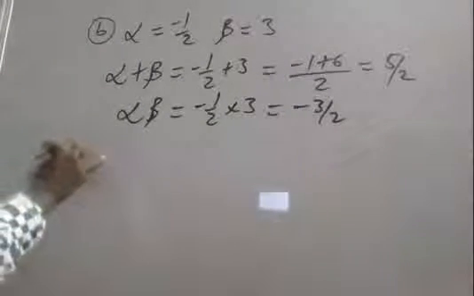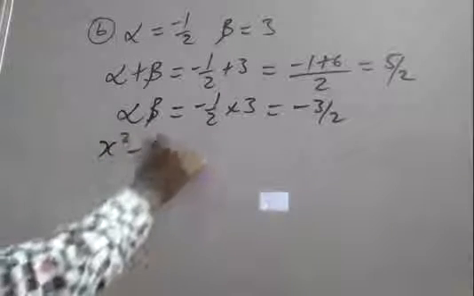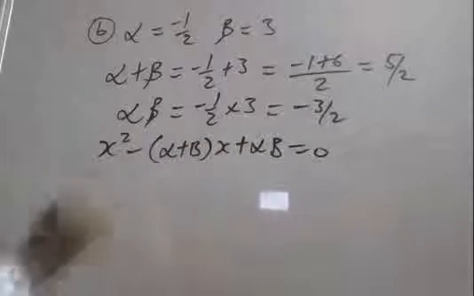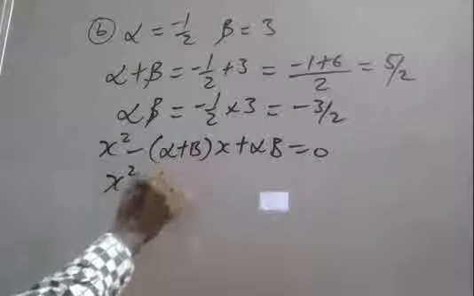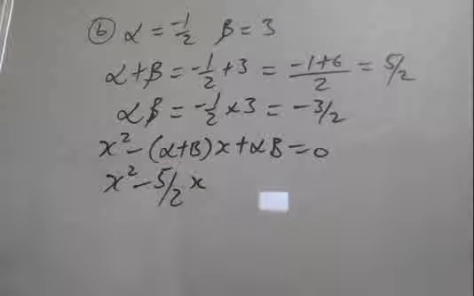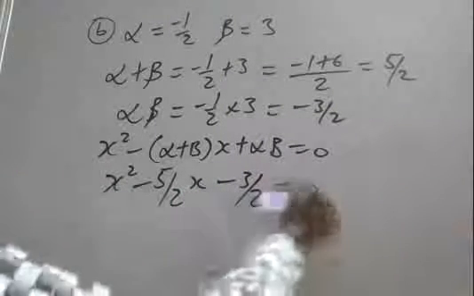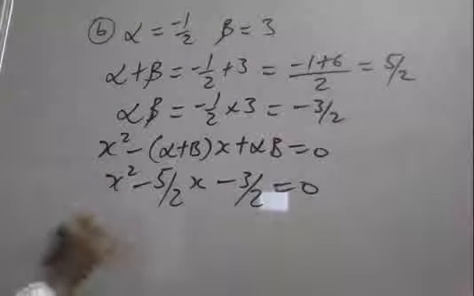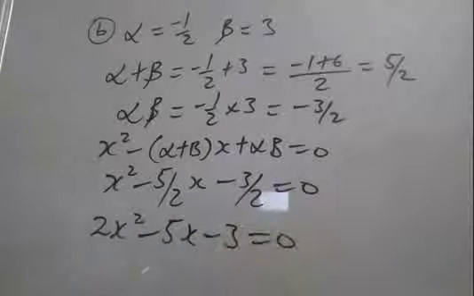So if you use the formula x squared minus (alpha plus beta)x plus alpha beta equals 0, you have x squared minus 5 over 2 x minus 3 over 2 equals 0. If you multiply through by 2, you have 2x squared minus 5x minus 3 equals 0. So this becomes the quadratic equation.